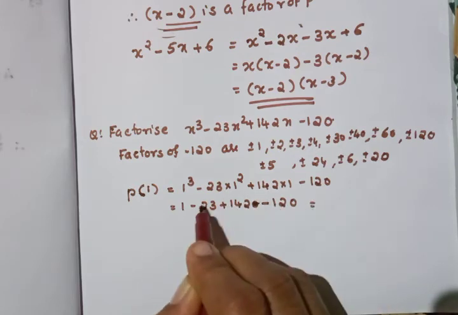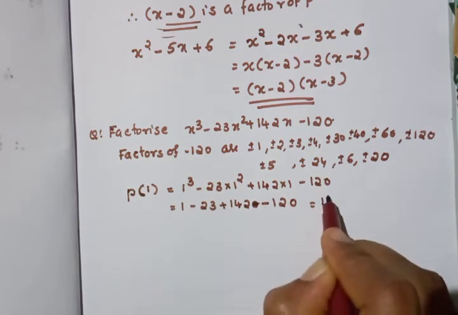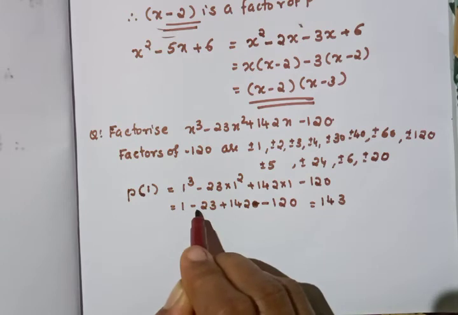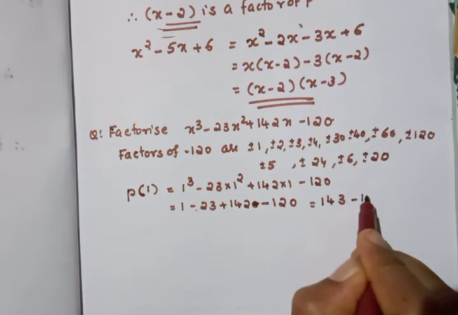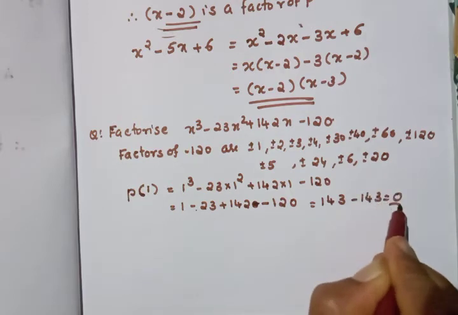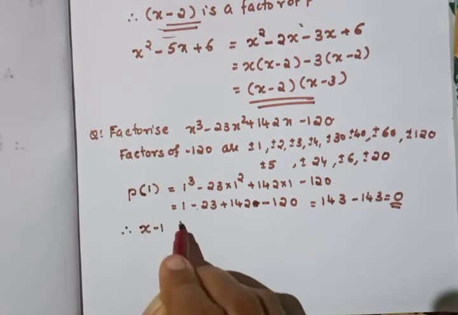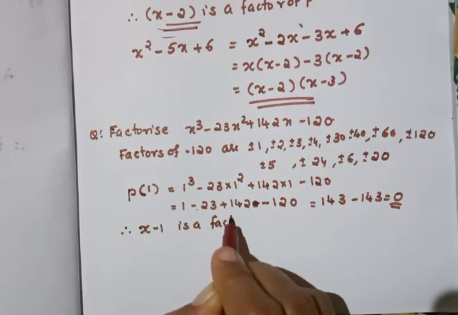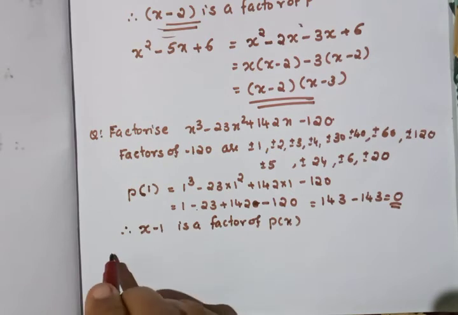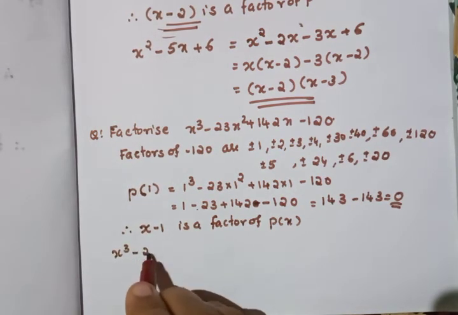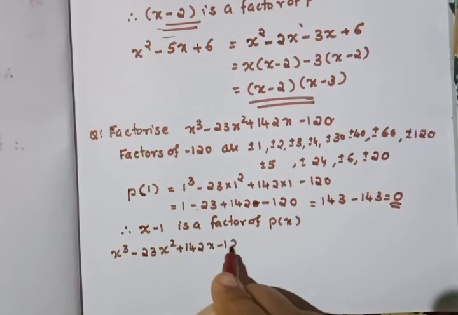Add all the positive terms together and negative terms together. 142 plus 1 you are getting 143, and negative 23 minus 120 you are getting negative 143. Are you getting 0? Yes. Means what? Therefore x minus 1 is a factor of p of x. Clear?